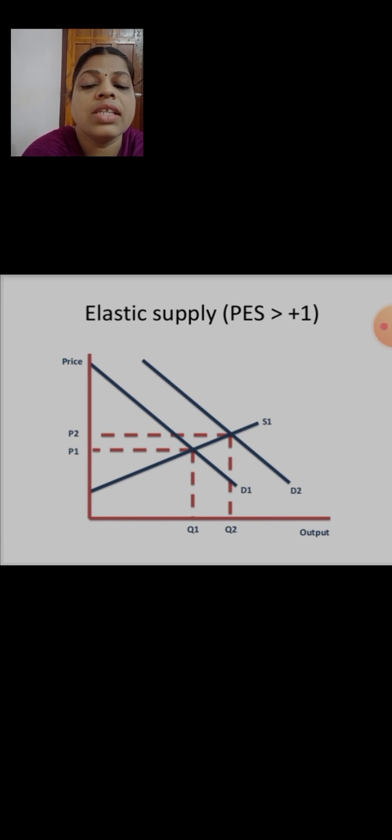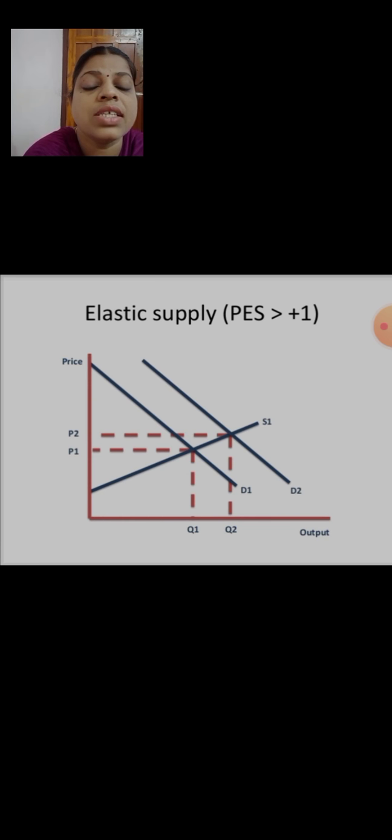And here we can see the changes that happen to the prices as well as to the quantities. At first the price was OP1 and the quantity supplied was OQ1. But as a result of an increase in the price, the price level has increased to P2.